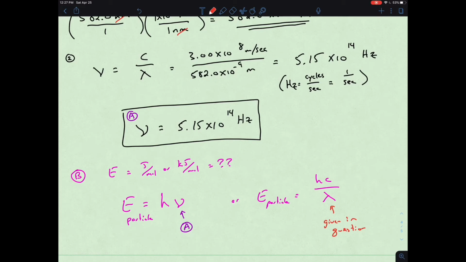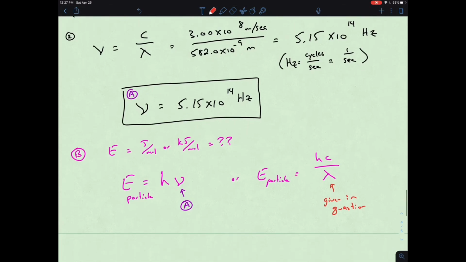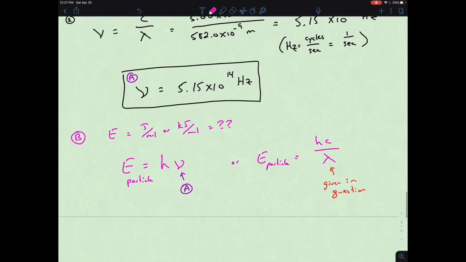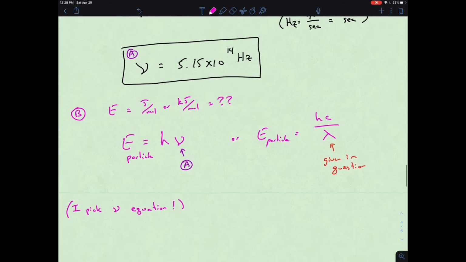So it doesn't matter which one. I'm just going to pick the one on the left. So I'm just picking one. Like I said, it really doesn't matter.